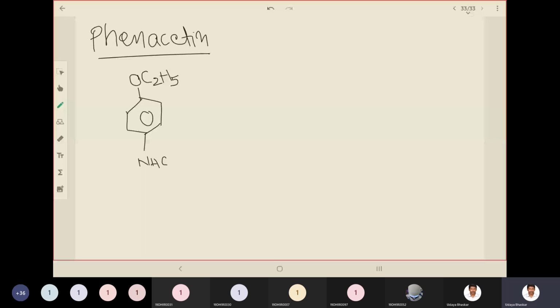So phenyl group, acetylamine group, and ethoxy as the substituent. It is used as an analgesic and antipyretic.